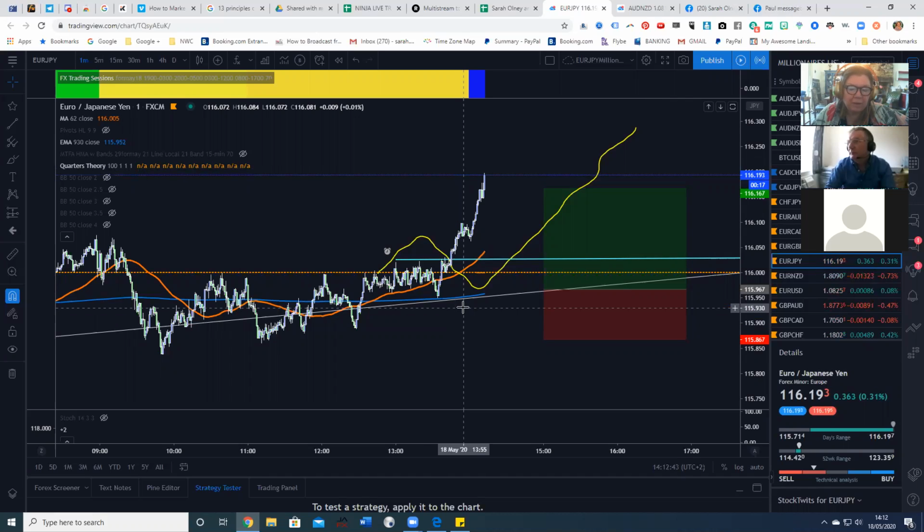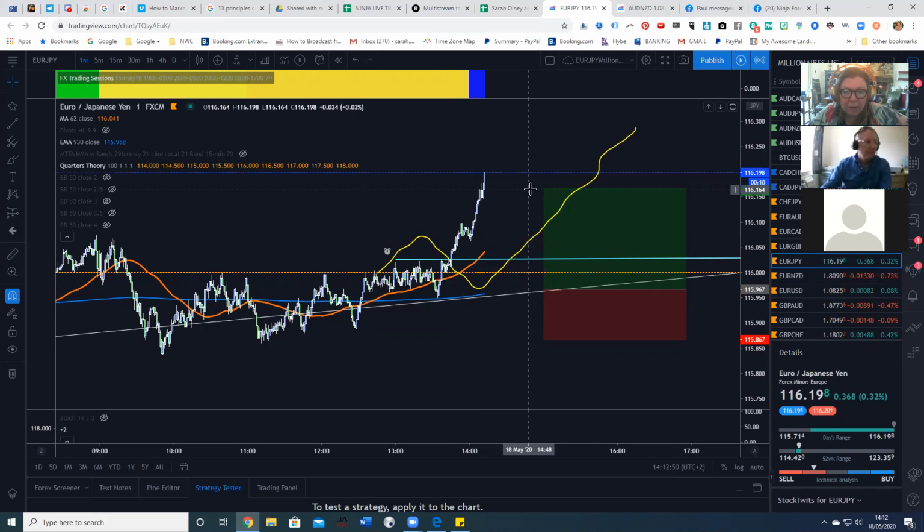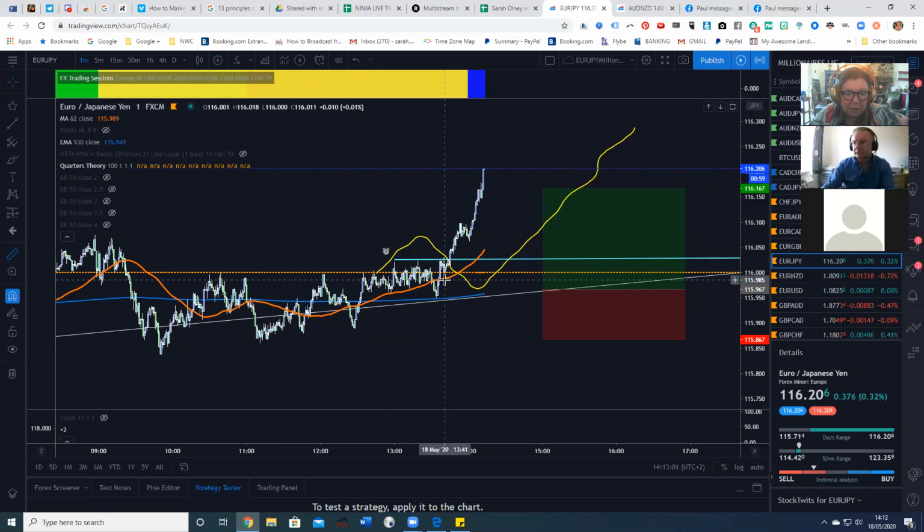So I didn't want to get in on this on a full lot size or even a small one really, and just leave it to run. But it has done the 20 pips. So I was a little bit worried about how much, because it was moving quite slowly. This is green, this is yellow, London session, and into New York. You see, Euro is a London session pair, and JPY is Asian.